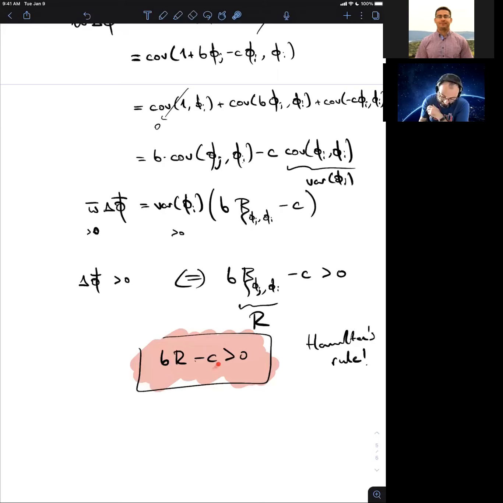Because B and C are both positive, so for this to hold, R has to be big enough. If R is 0, meaning that this regression coefficient and this covariance are 0, then this cannot hold. But if R is big enough, that means that cooperators interact with other cooperators often enough that the benefits from cooperators tend to flow to other cooperators. And therefore, cooperators as a group, on average, have higher payout.